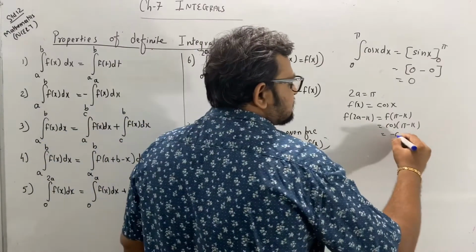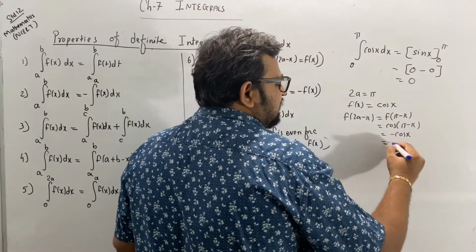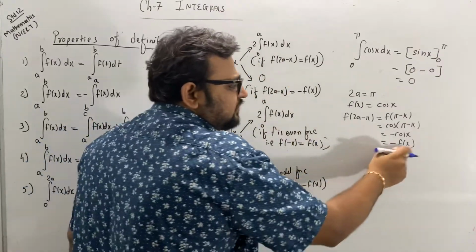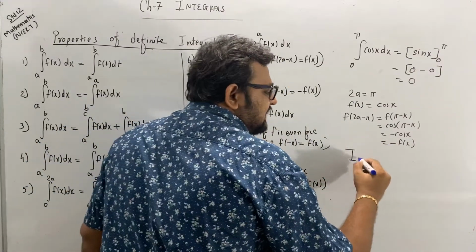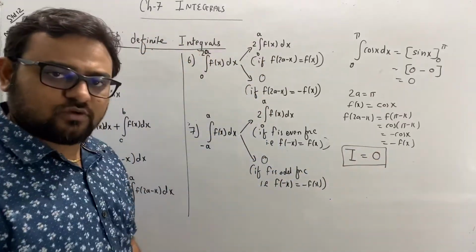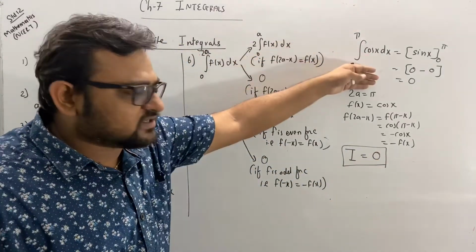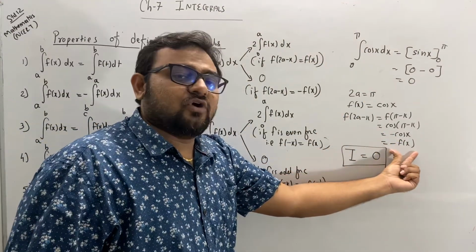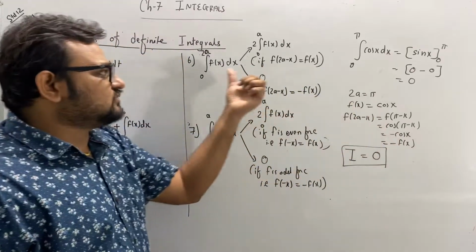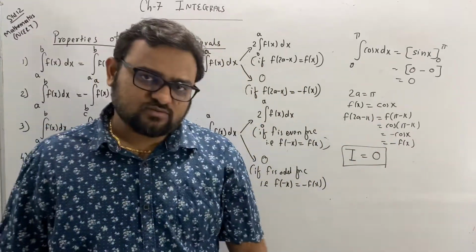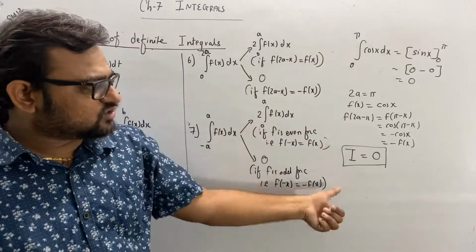So minus cos x. So can I write down this as minus f(x)? Yes. So see f(2a minus x) is equal to minus f(x). So I can directly write down I is equal to 0. Right? No need to solve this sum. When f(2a minus x) is equal to minus f(x) and the limit is from 0 to 2a, then your answer will be directly 0. Clear? Just go through this example.